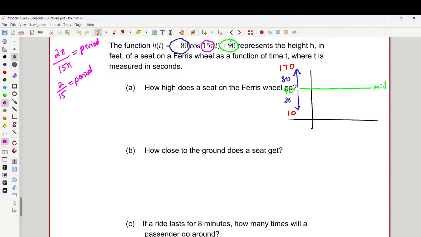Can you repeat that? 2 pi over b is the formula for period. I was about to ask where the b value came from, but now the b value is 15 pi. Everything tonight we've been finding b. This time we're substituting it in. It's right there. We're not finding that value.